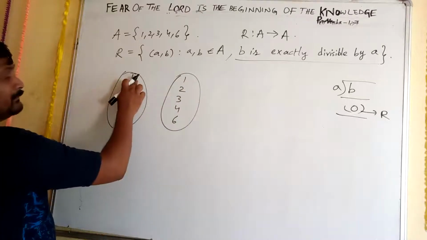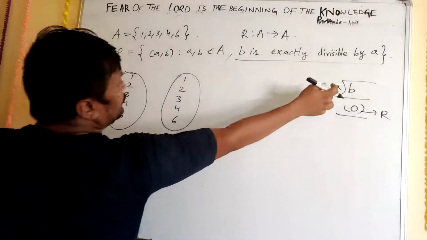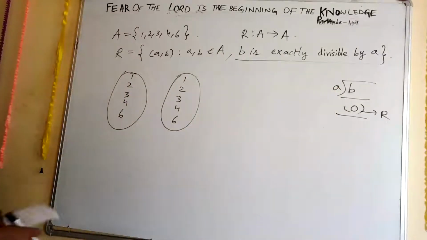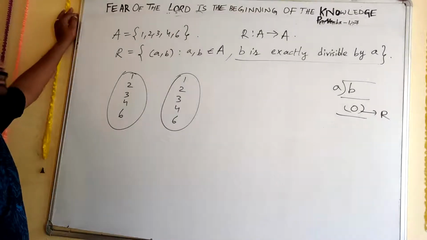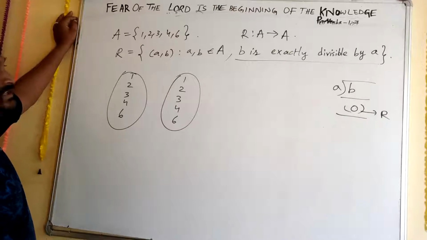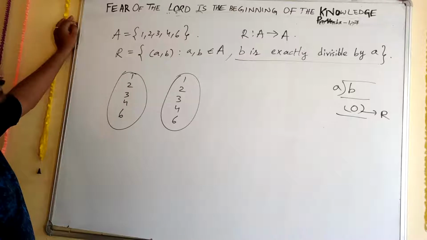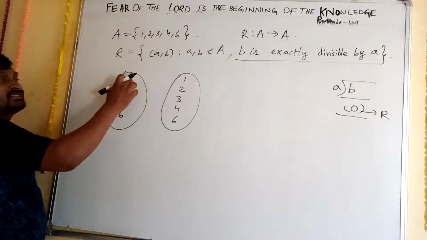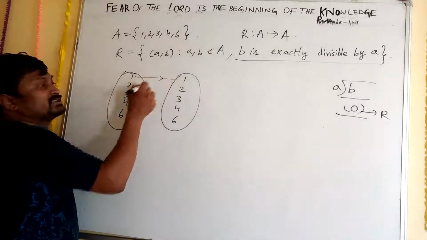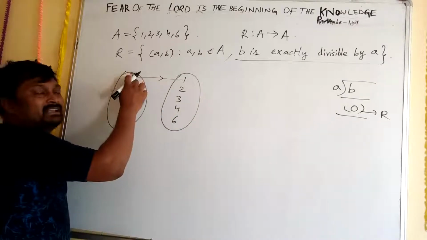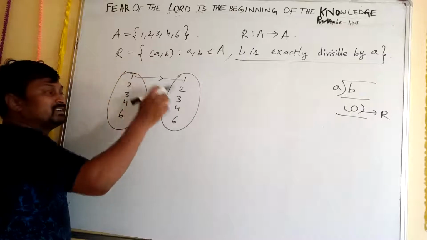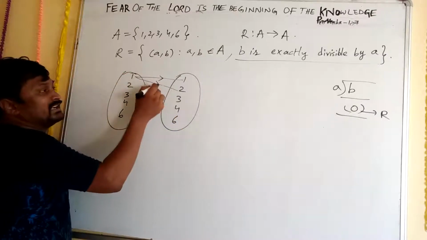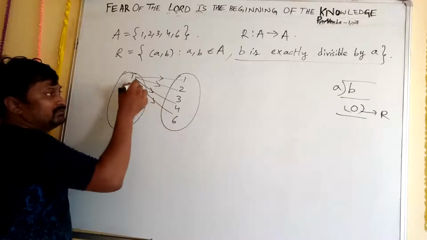Now b needs to be divided by a exactly, so let me check the possibilities. 1 is exactly divisible by 1, 2 is divisible by 1, 3, 4 and 6 are also divisible by 1. So all of these are divisible by 1.